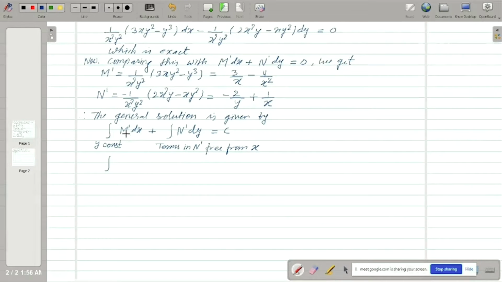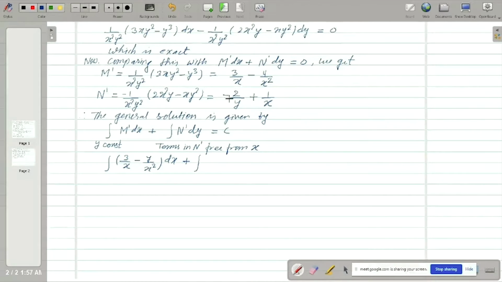So just integrate it. M dash is 3 by x minus y upon x square, into dx, plus terms in N free from x. Which term should I take here?